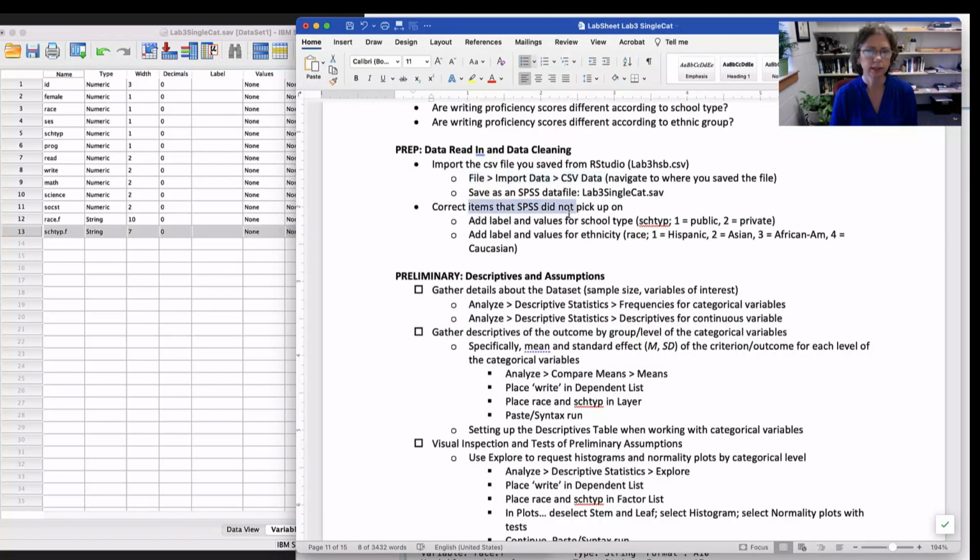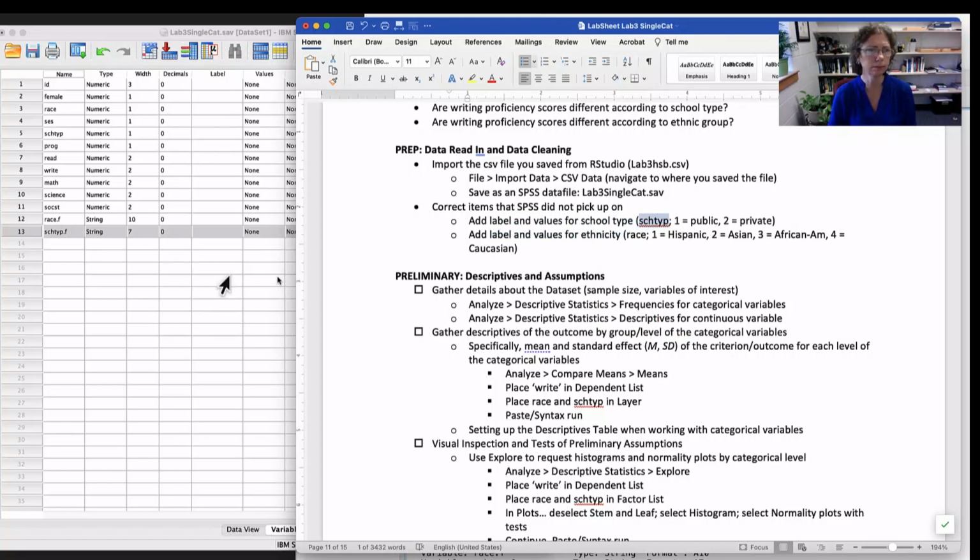So we need to correct some items that SPSS didn't pick up on, including changing that ID variable to nominal, and also adding values for school type and for ethnicity. And we're making these changes to the one that's got the numbers in it.